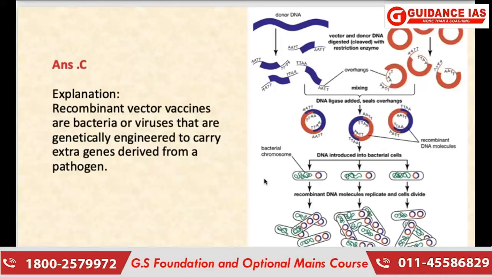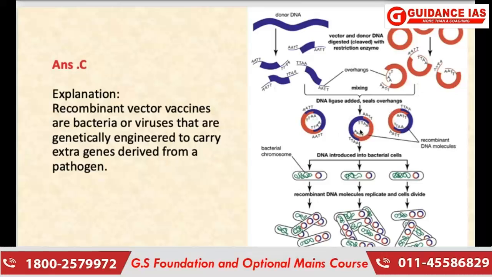For those who are still not clear with it, let me repeat this in very layman's language. On one hand, we are taking a piece of DNA from the infected cell, right? And on the other hand, we are taking a piece of DNA from the non-harmful one, the vector, which is not harmful for us.